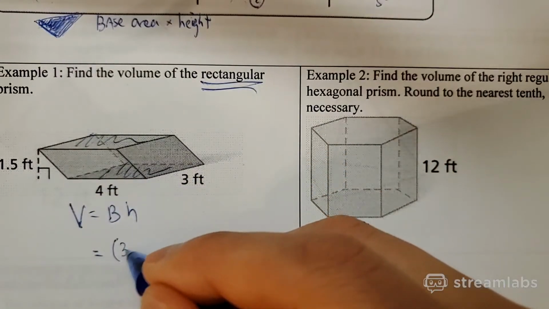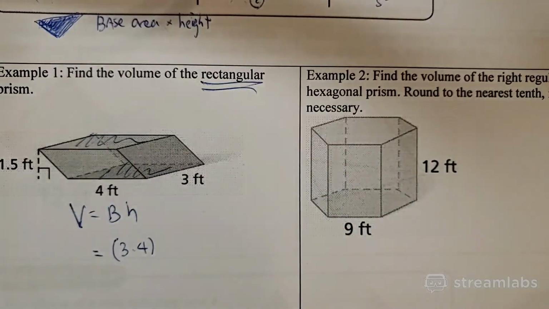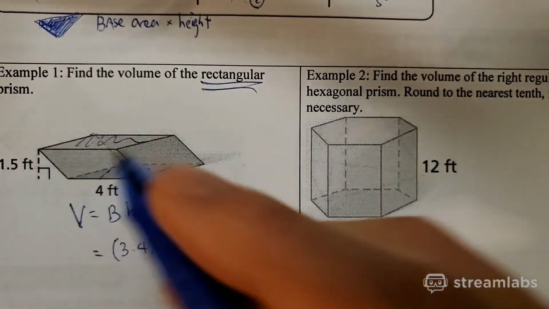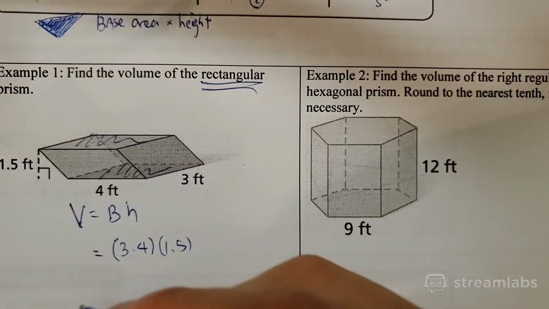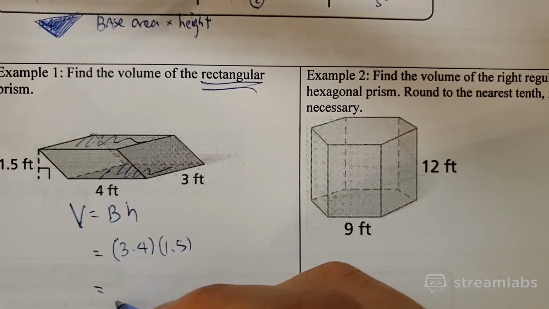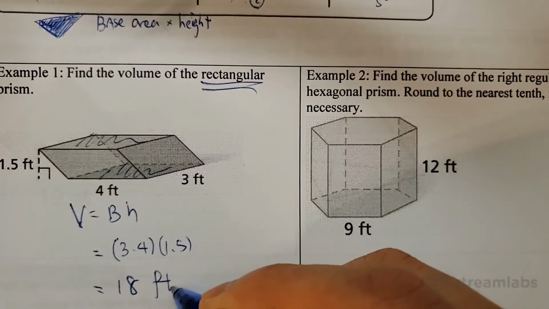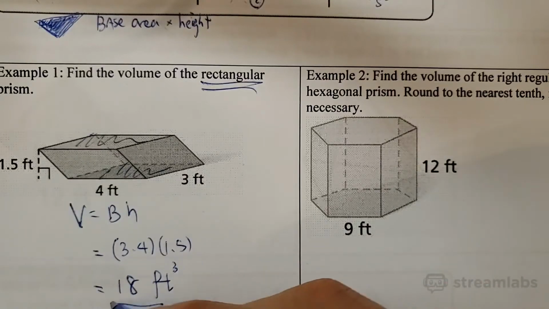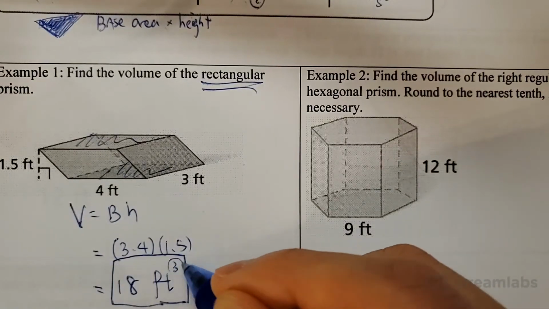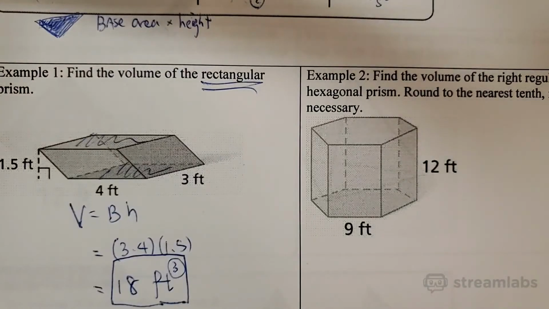So 3 times 4, that's your base area. What's the height? They tell you this is 1.5, so just multiply by 1.5, so you get what? 18. Now, volume is 3-dimensional, so feet cubed. Make sure you have this cube here, okay? How are we doing? Should be quite simple for now, right?